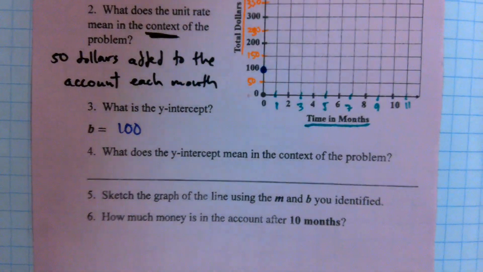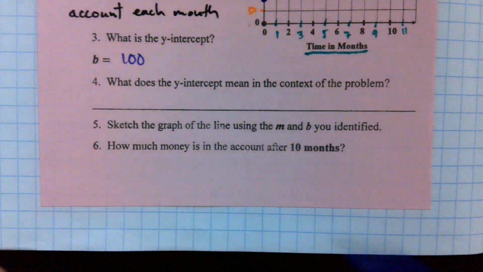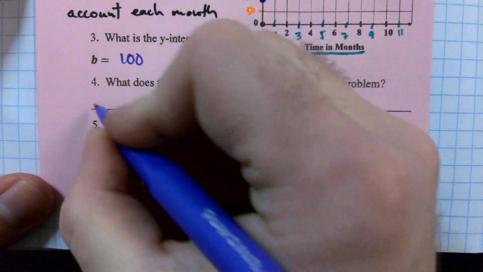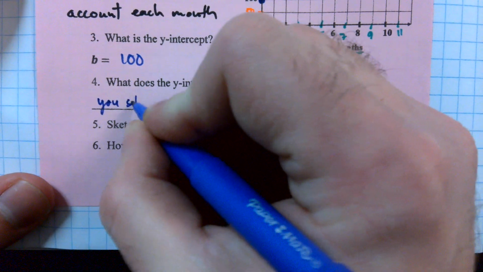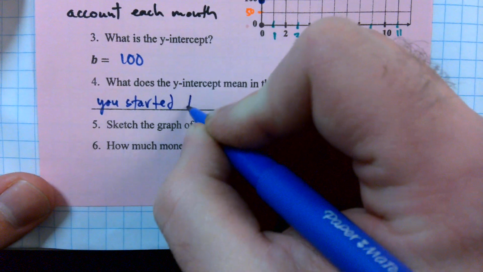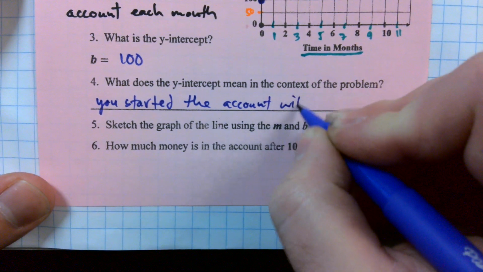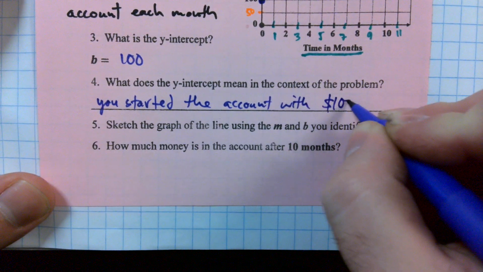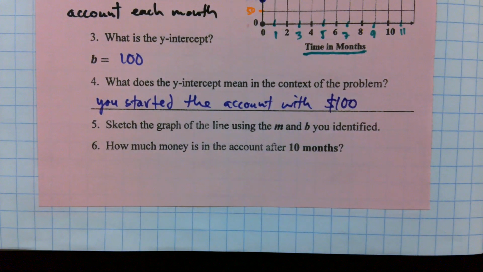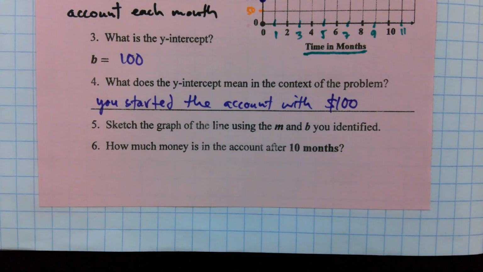So what does this y-intercept mean in the context of the problem? It means that you started the account with $100. And every month after that, how much money are you putting into the account each month? 50. That's our unit rate.